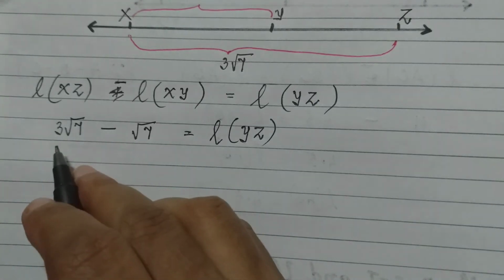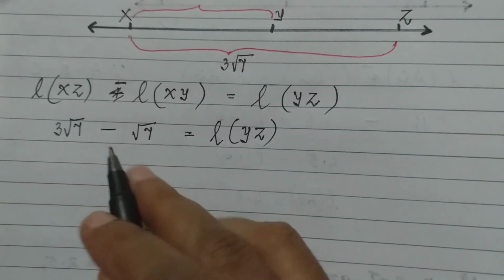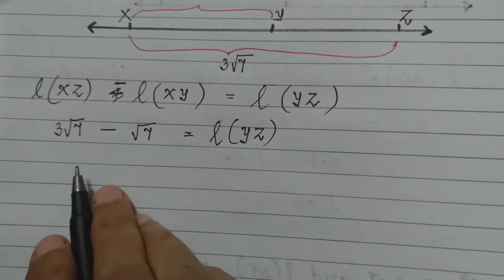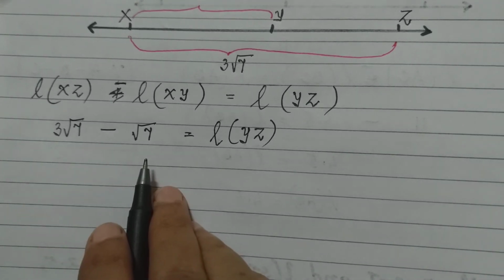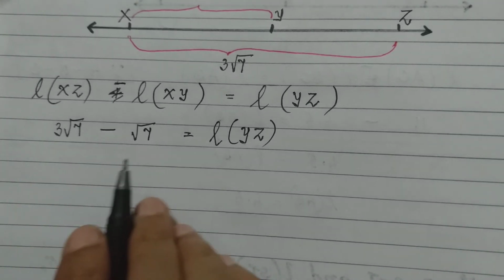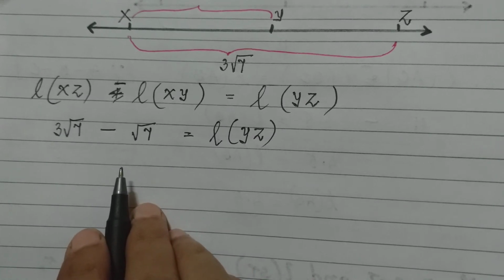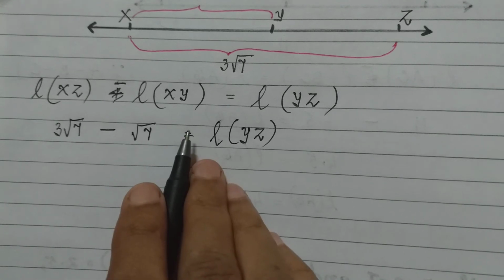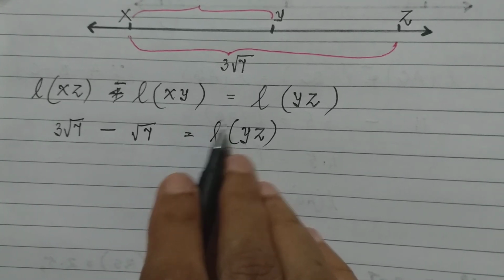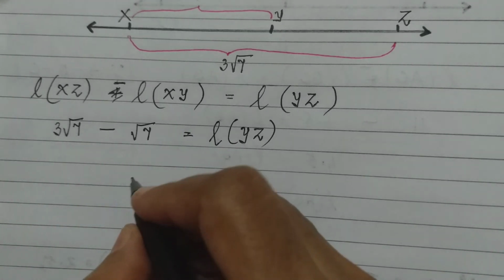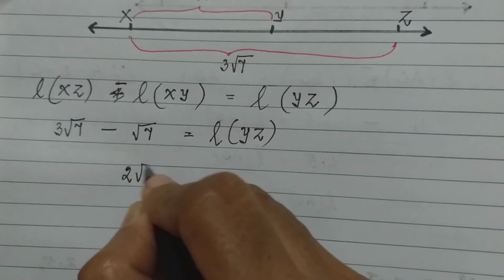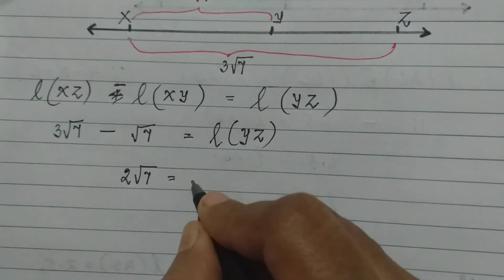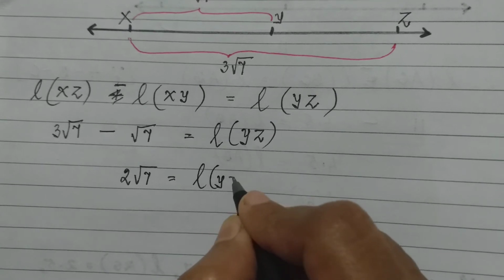So if it is x, 3x minus x, what is it? 3x minus x is like 3x minus 1x, which is 2x. So same way here, in place of x it's root 7. So instead of writing 2x, we write 2 root 7. So therefore 2 root 7 is equal to length of YZ.